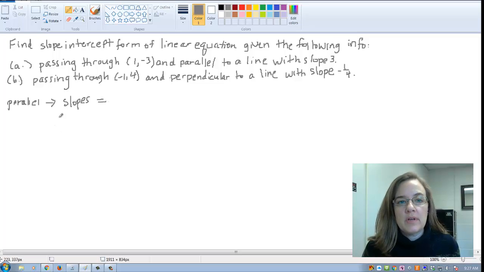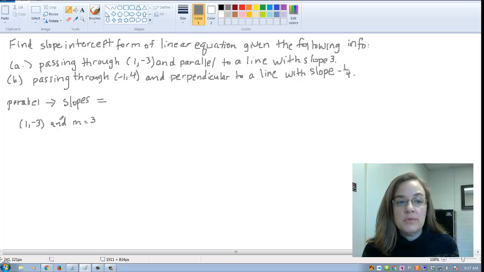So in that case, we've got a line that is going through the point 1, -3, and parallel to a line with slope 3. So that means that our slope for this line is going to be 3.